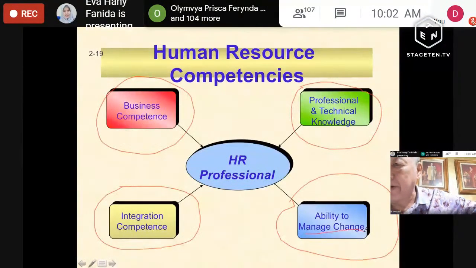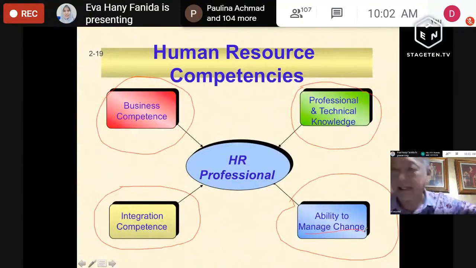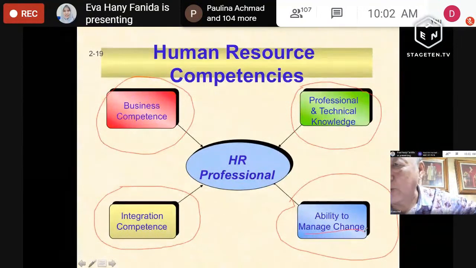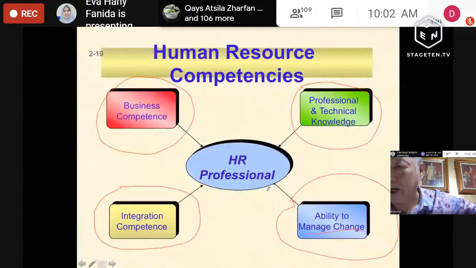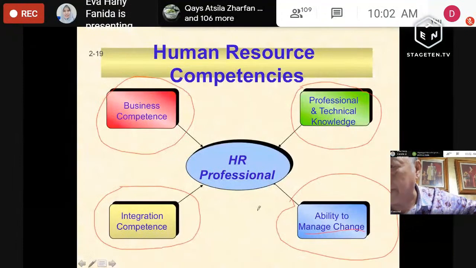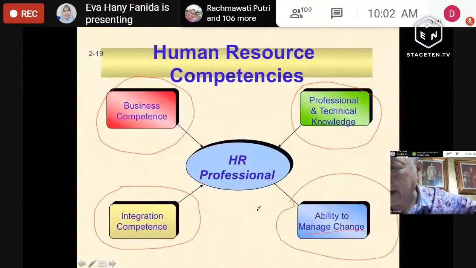If you are in decline, you have to downsize. Sometimes you don't need to grow. You have to sell some part of your company because the situation is not good. You need to change your behavior, to manage change.